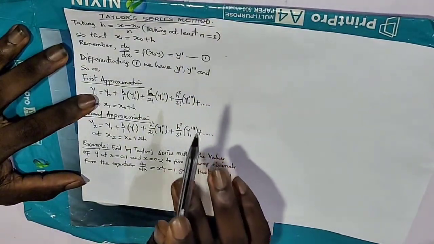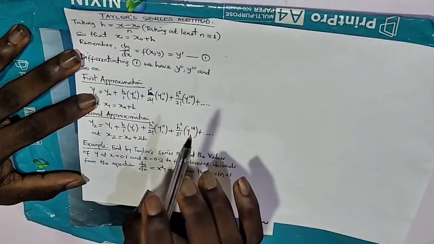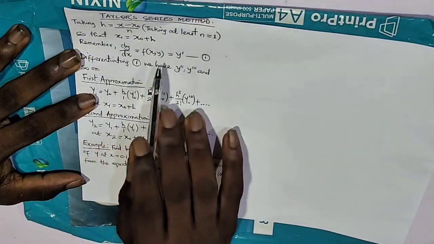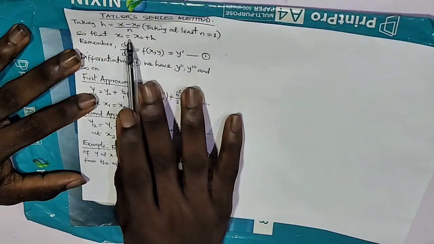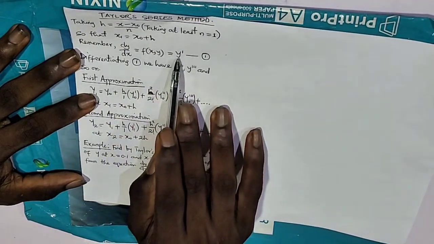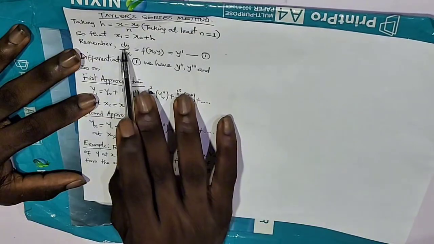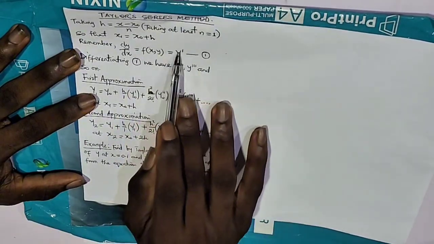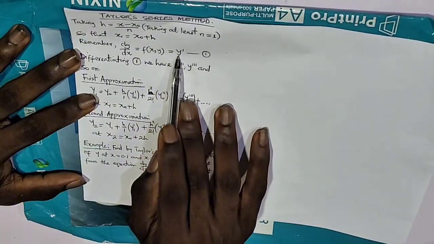The only difference between Taylor series and other ODE methods is that in Taylor series, the initial value problem, which is the function of x and y, dy/dx, we know it to be a differential. So dy/dx, which is the function of x and y, is y prime.